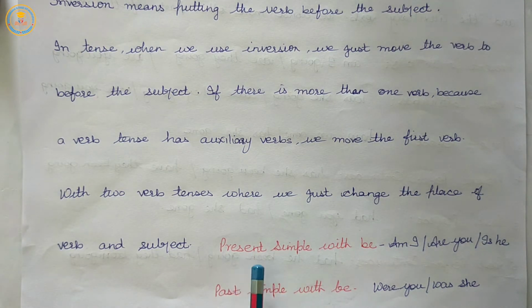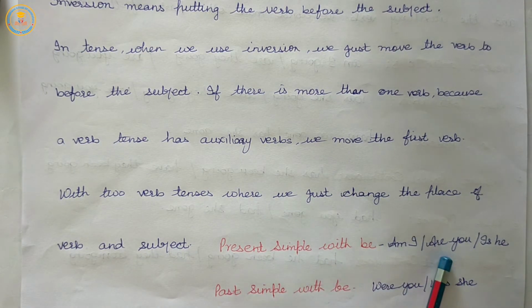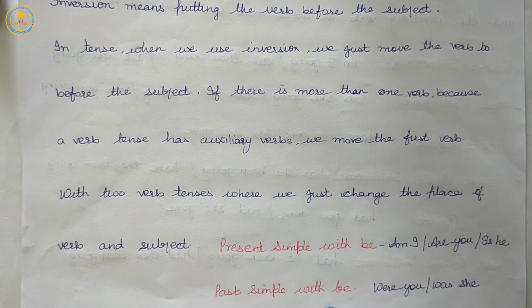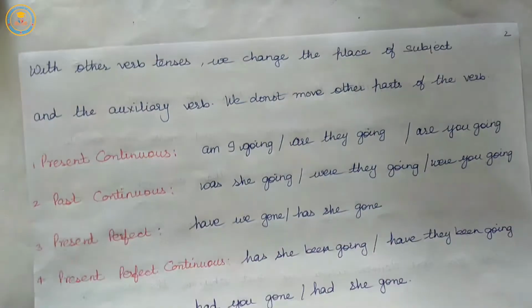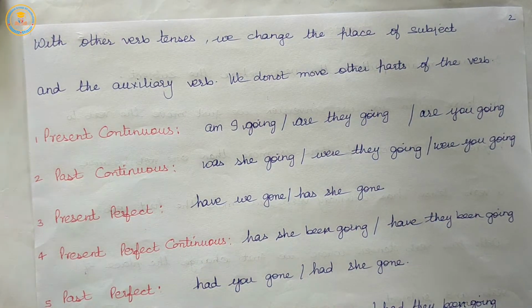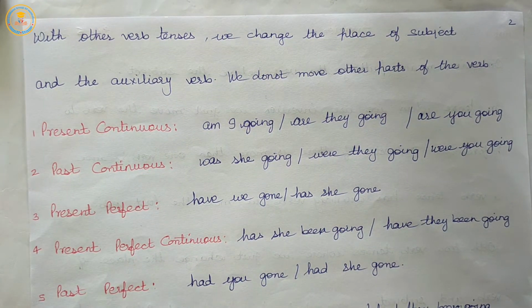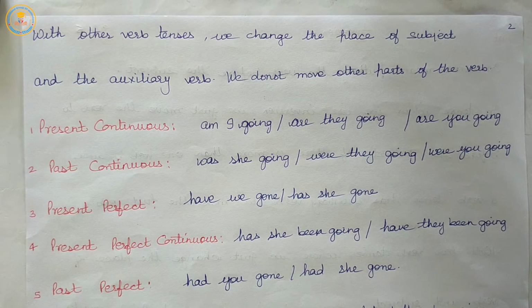First, in simple tense with the form be: am I, are you, is he. Same with the verb in past form: were you, was she. With other verb tenses, we change the place of subject and the auxiliary verb.